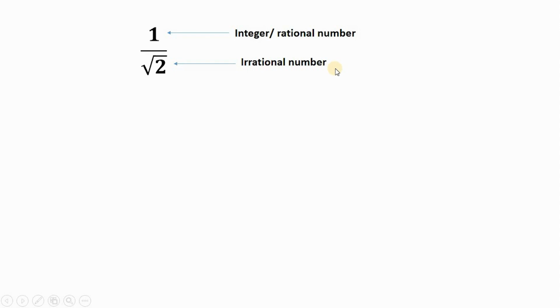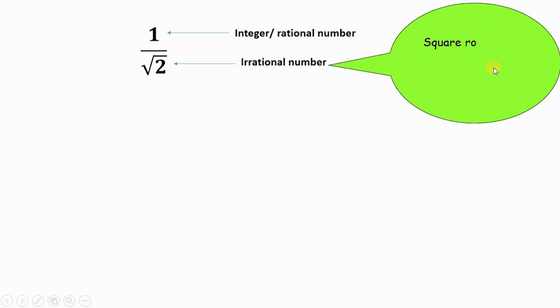In class 8 we learned that the square root of any number which is not a perfect square is an irrational number. Since 2 is not a perfect square, therefore square root of 2 is an irrational number.